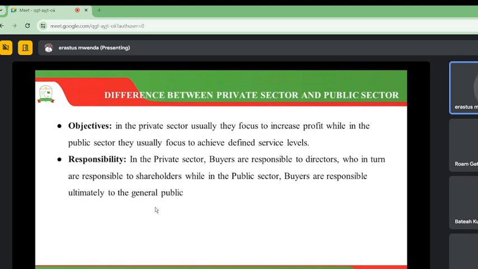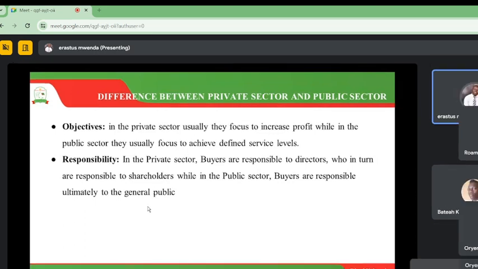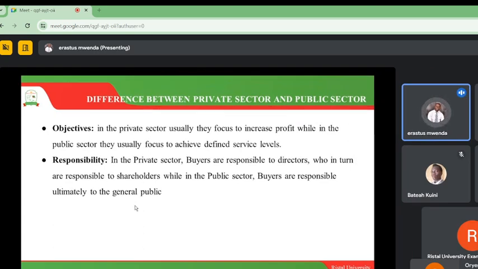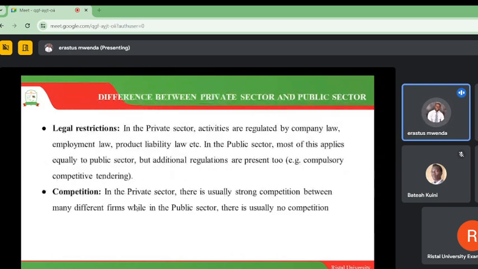So in the private sector, in everything we do in procurement or requesting goods to be supplied, we want to ensure that the customers are happy, and it also trickles up to ensure the directors are happy. In the public sector, buyers are ultimately responsible to the general public. Another difference is in terms of legal restrictions.